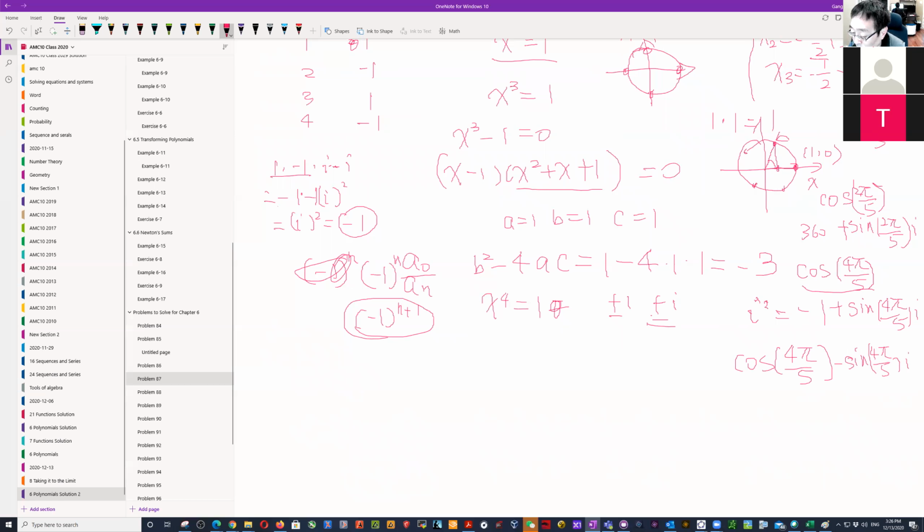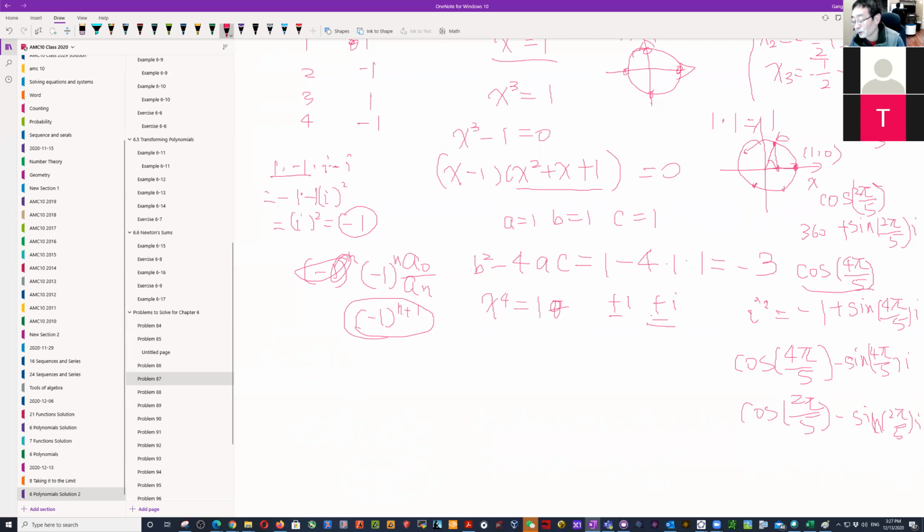And the last number has the same form: cosine 2 pi over 5 minus sine 2 pi over 5 i, because it's the mirror image.